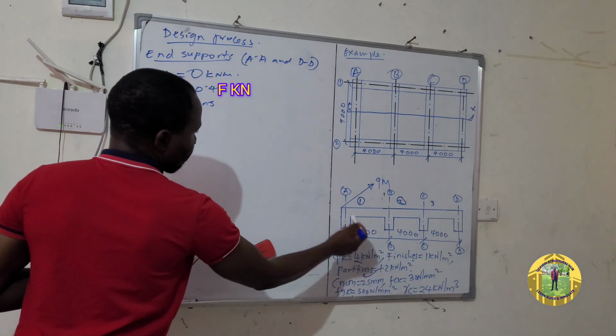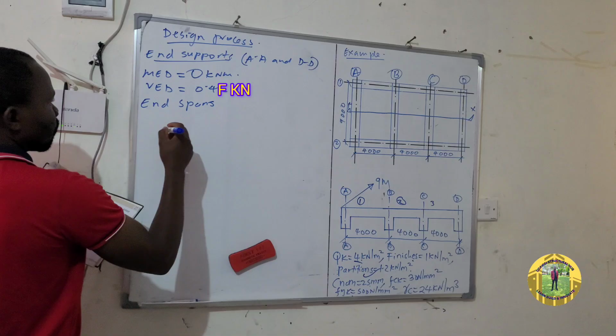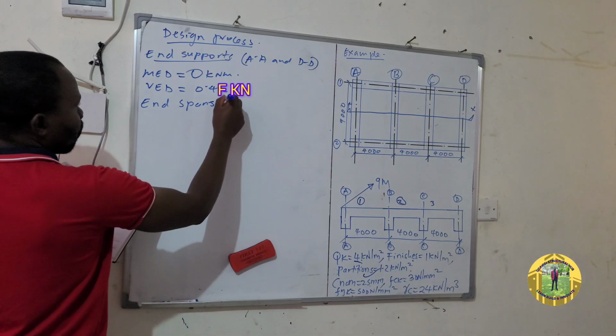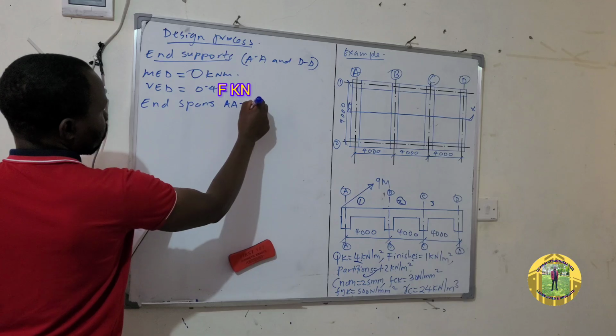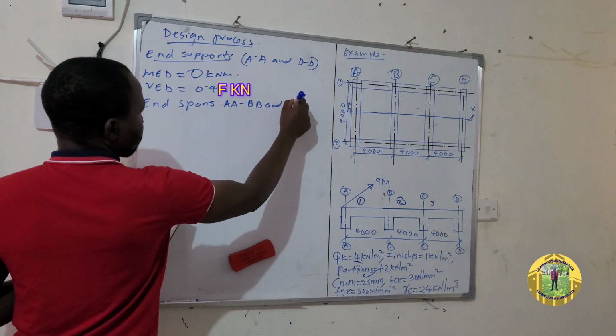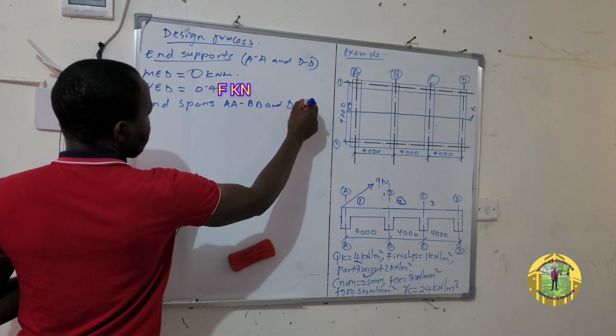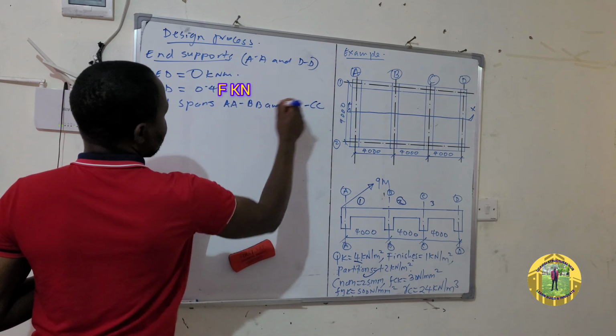This span, from here to here. So spans, end spans AB, and BD, CC, like that.